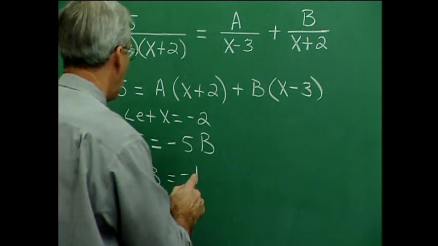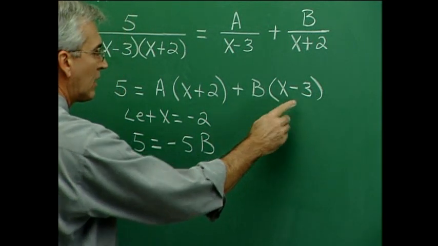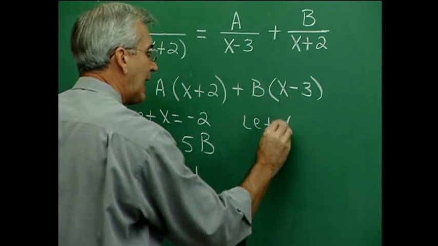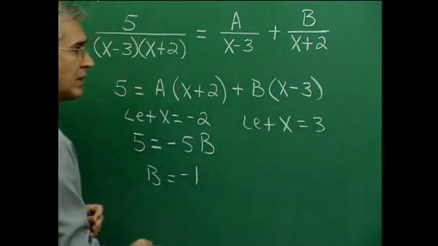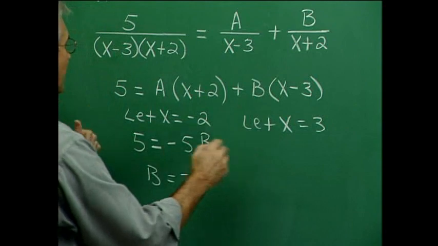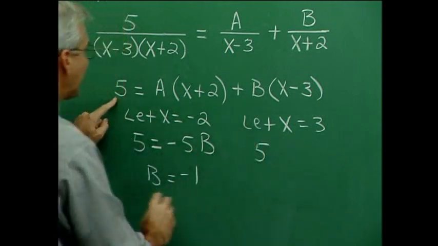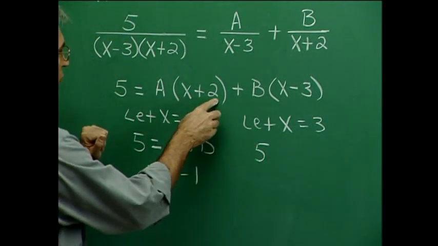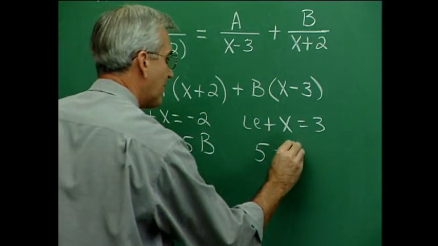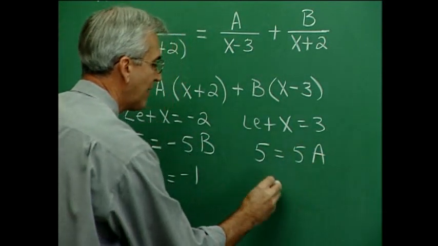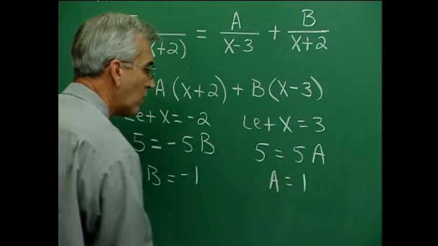And now let's cause this term to disappear. We would let x take on the value 3. This term goes out, and we have 5 on the left, and if x is 3, 3 plus 2 is 5, so this would be 5A on the right. Dividing by 5, we find A to be 1.